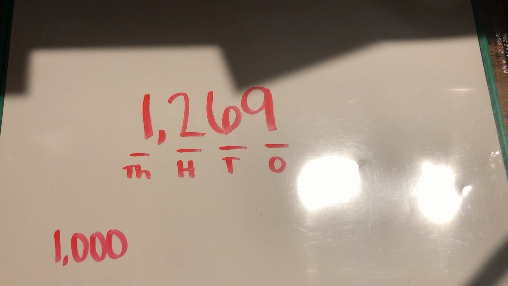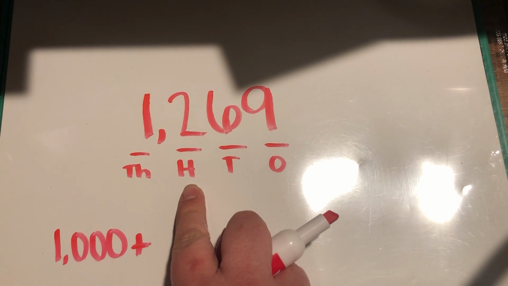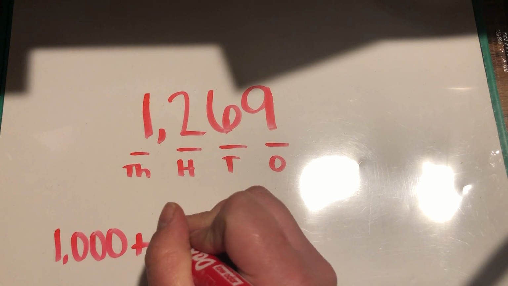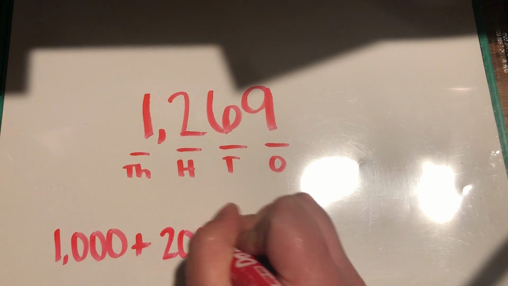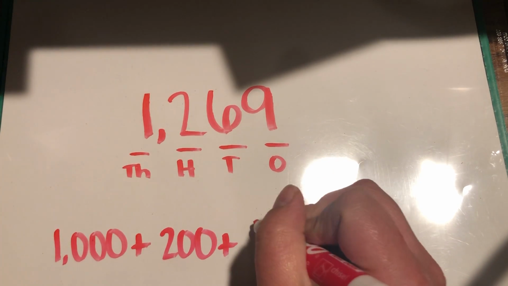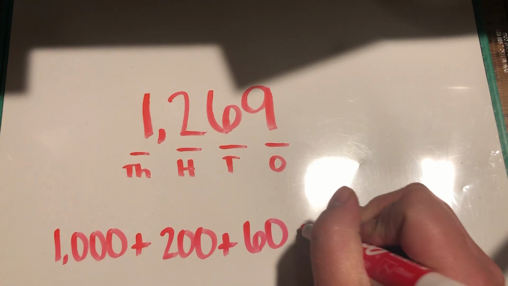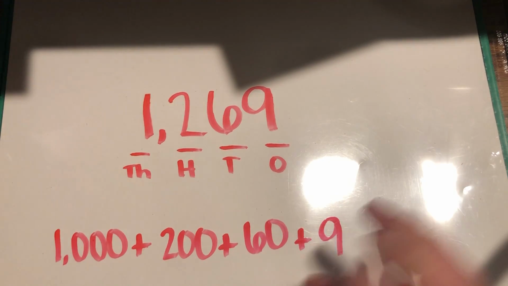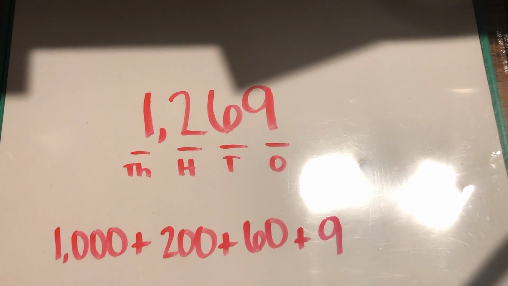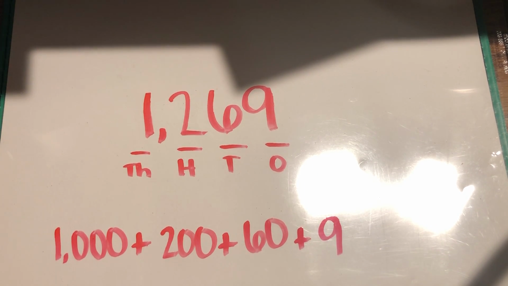So it'll be 1,000 plus, what's my value of this 2? 200 plus 60 is represented by that tens spot, plus 9 in the ones. So expanded form for 1,269 is 1,000 plus 200 plus 60 plus 9.